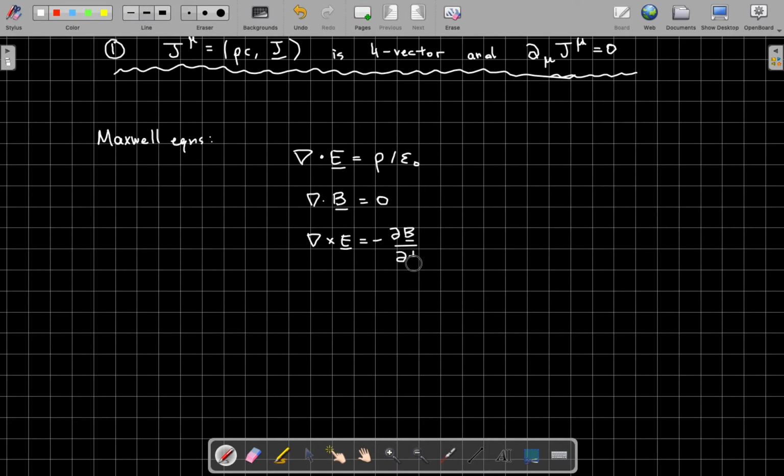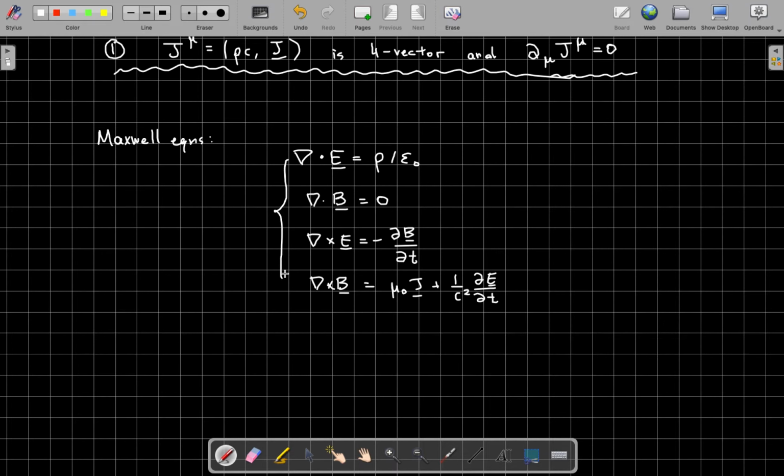That's Faraday, and finally Ampere-Maxwell. Okay, so these are Maxwell's equations in all their beauty. We will make a lot of use of them.